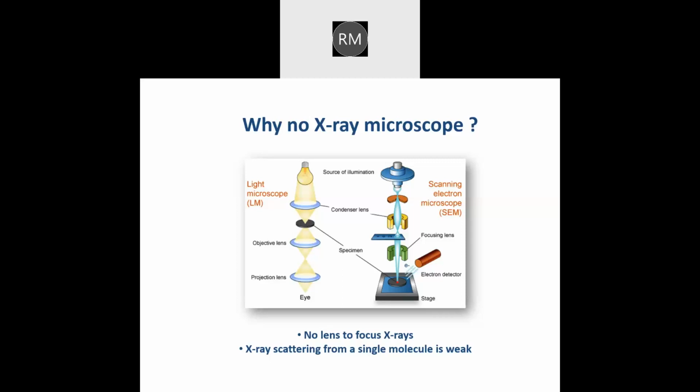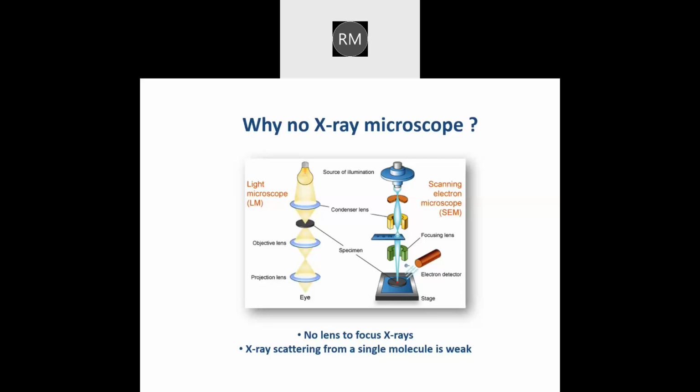In a light microscope, you can see the cells, bacteria, and their movement by visible light. But X-rays cannot be used that way. You might have seen electron microscopy.